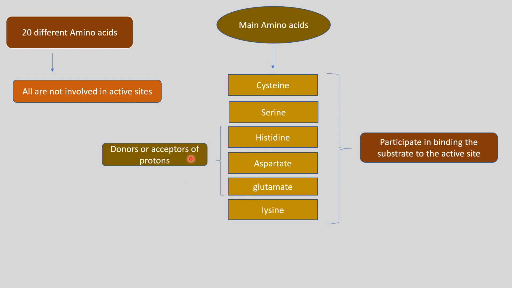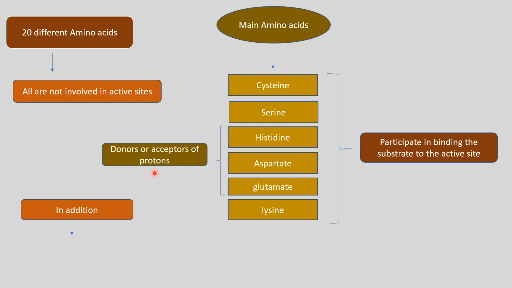We need to know that to carry out reactions, that is oxidation, there has to be donation or acceptance of protons, and these 3 amino acids work in that direction.